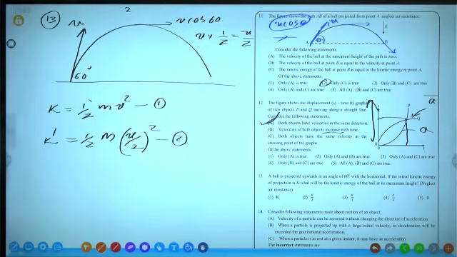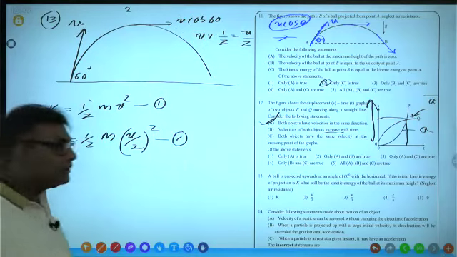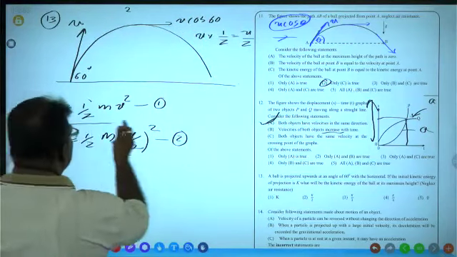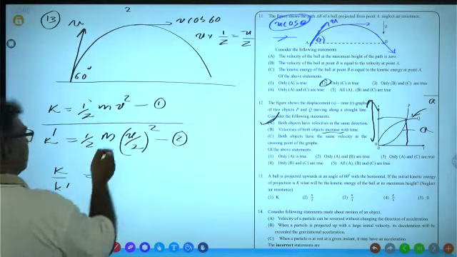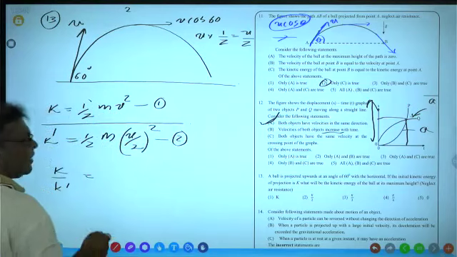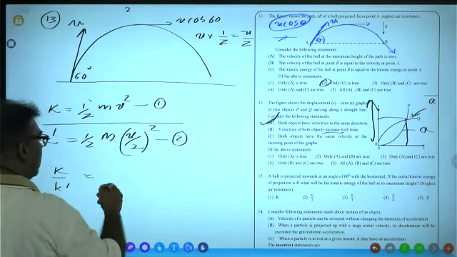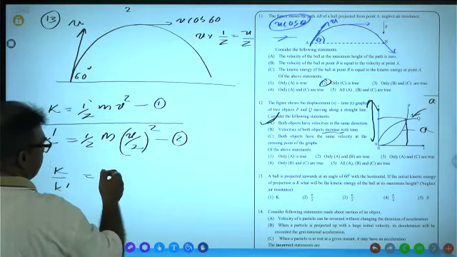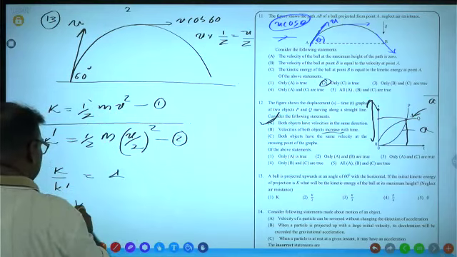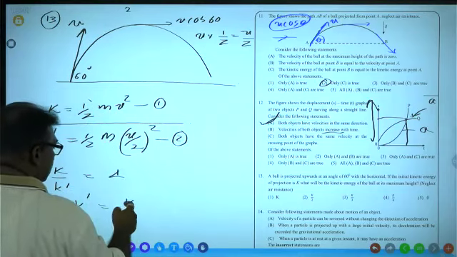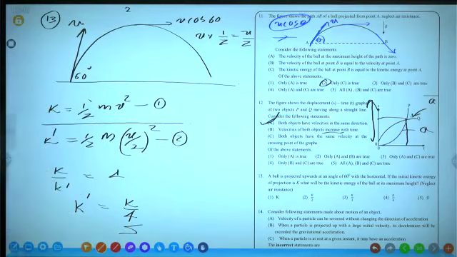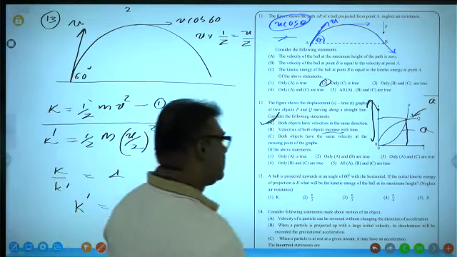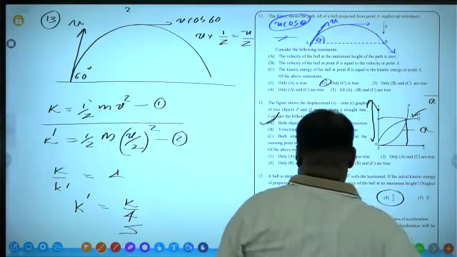Some are thinking that at the maximum height the velocity is 0, right? Therefore, you can divide each. Then K over K dash becomes half m u squared, u squared cancels, 2 squared comes up, it becomes 4. Then K dash becomes K by 4. Then the correct answer is the third one, isn't it? Done.